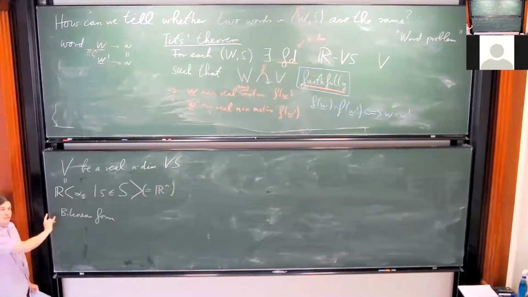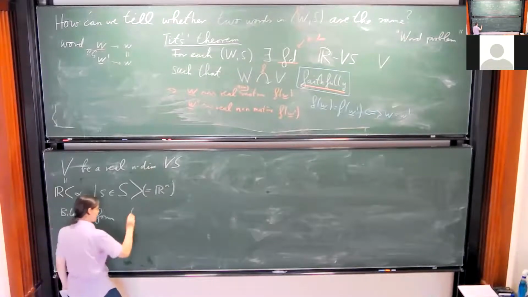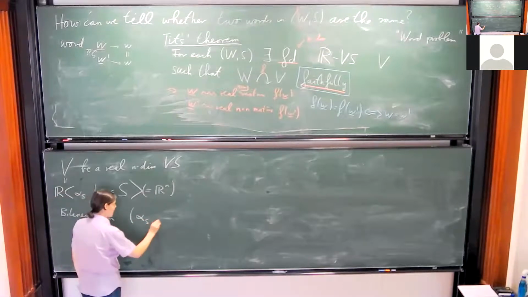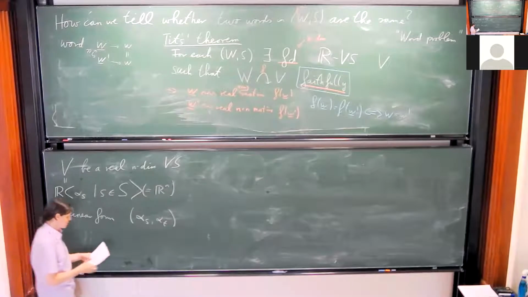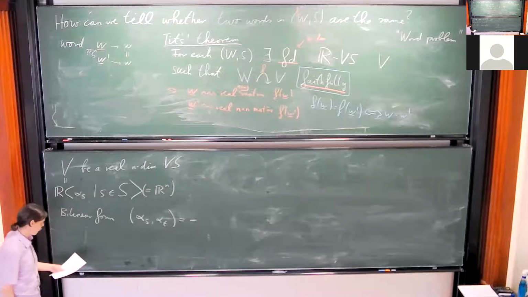Because I kind of want to use a certain bilinear form which kind of measures angles between those vectors. I will draw an explicit example in a second, of course. And I would say just the following. So alpha s, alpha t, they pair as follows. There's a minus, but the minus I always get wrong.